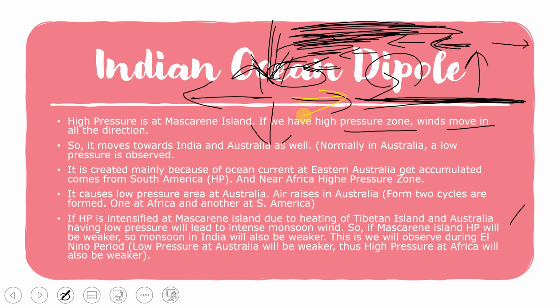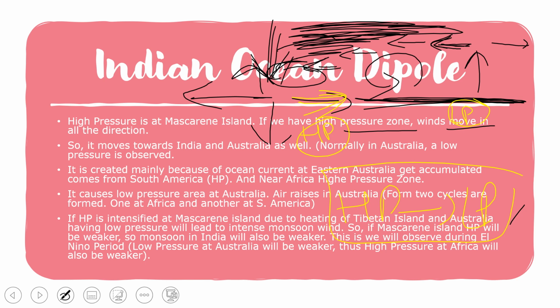Why is it moving in this direction? Because this area is a high pressure area and this area is a low pressure area, that is Australia, and wind moves from high pressure to low pressure, and this occurs over the land area.